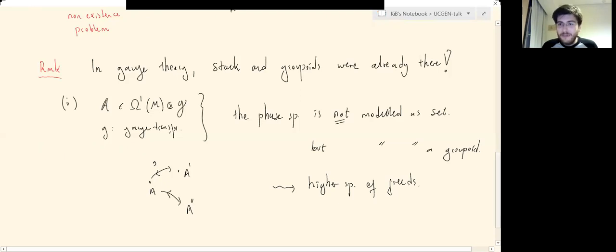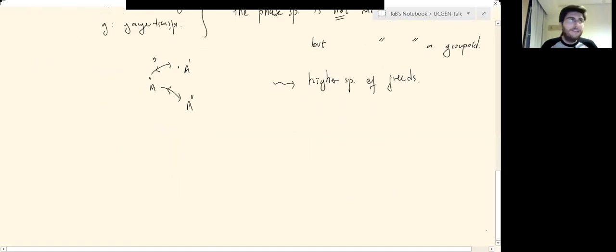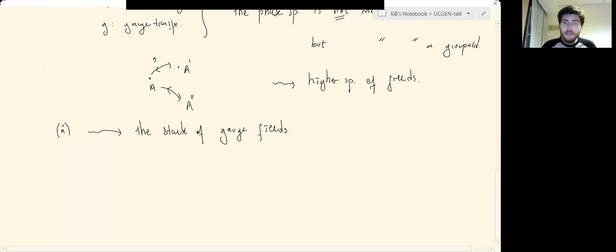Therefore this leads us not just to the space of fields, but to define the stack of gauge fields. This is the natural framework, which was already there actually, if you look carefully.